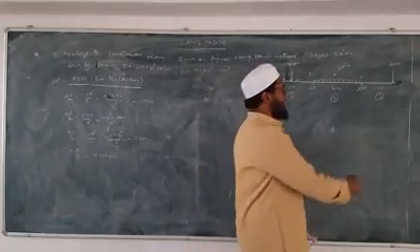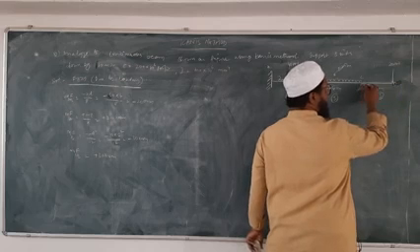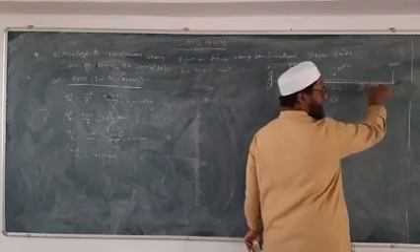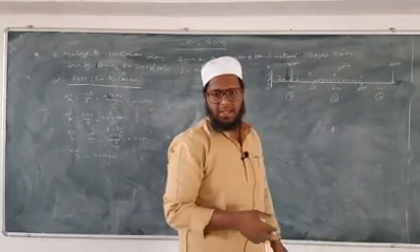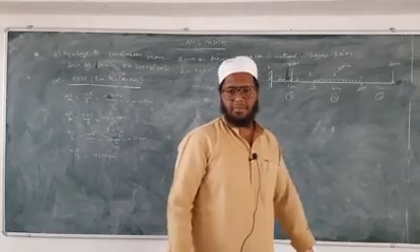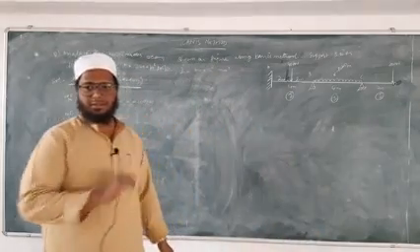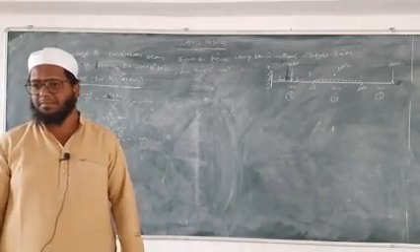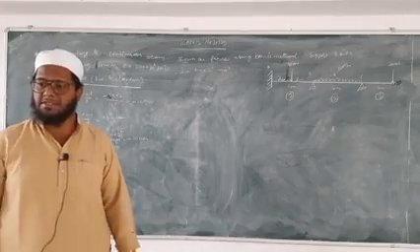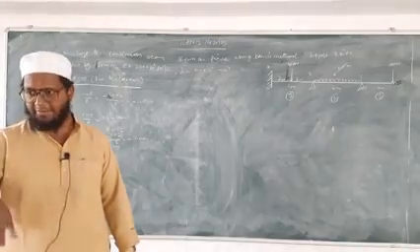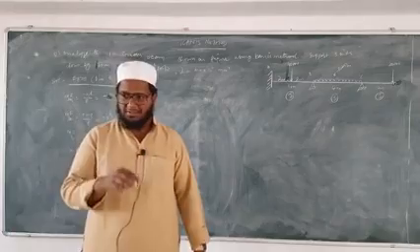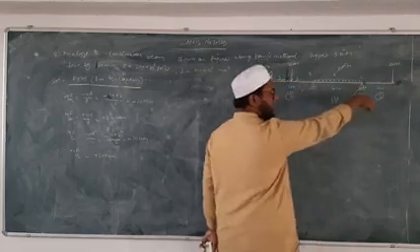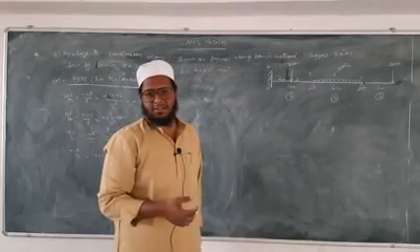Bending moment is how much? See here, force into perpendicular distance, 20 into 2. See here it is sagging or hogging? Tell me, what is the meaning of sagging and hogging? Hogging is sad face, sagging is smiling face. Now because of this loading, the beam is going down, the face is a sad face.